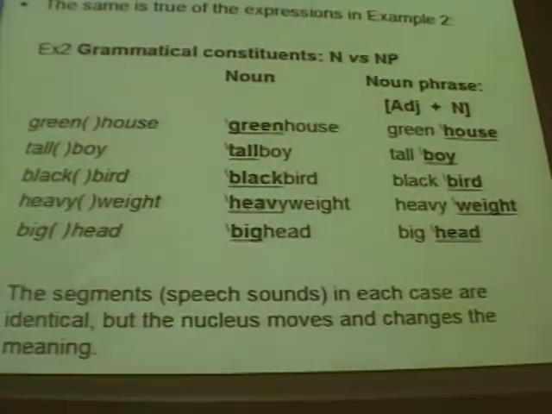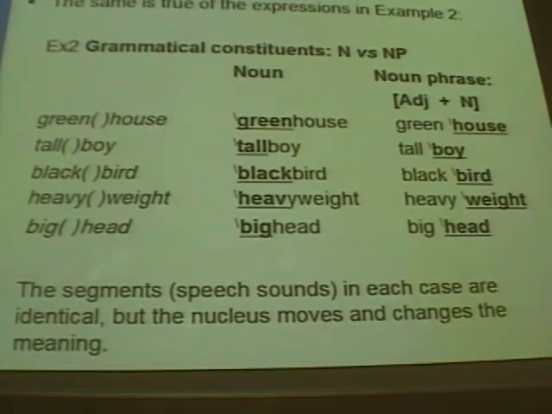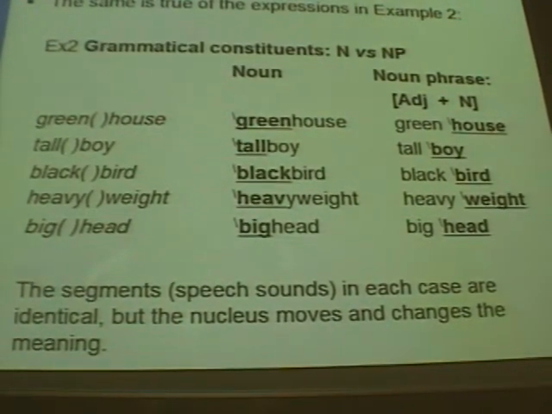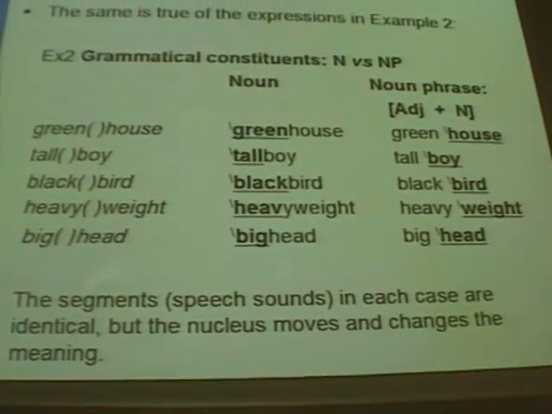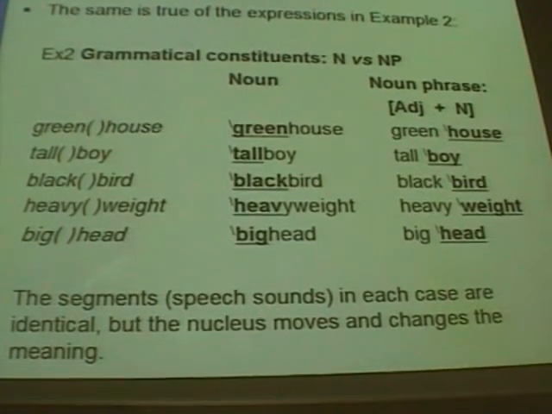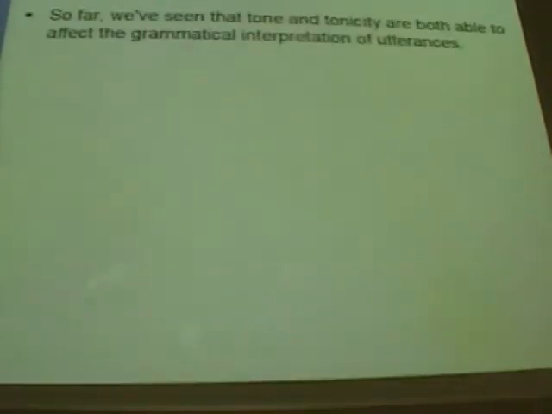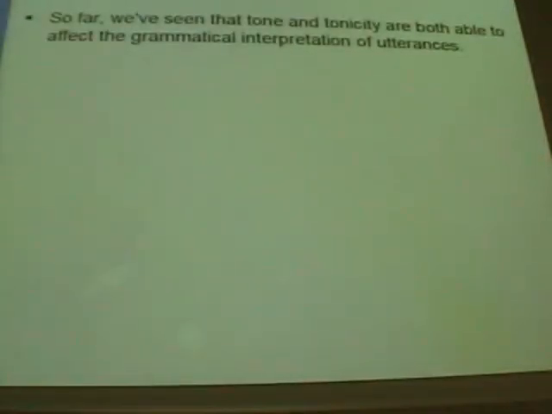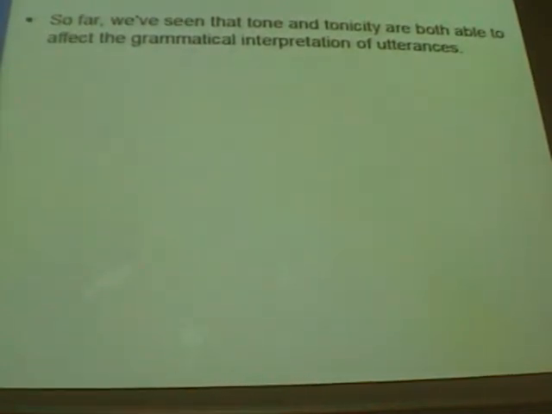So, again, as I said, the segments in those sequences are exactly the same, but the nucleus moves and allows us to tell them apart. Tonality. We saw the 3 T's. Now, tonality also contributes in terms of grammar.